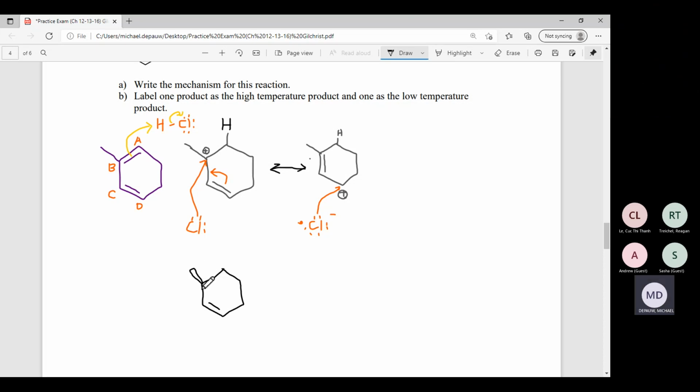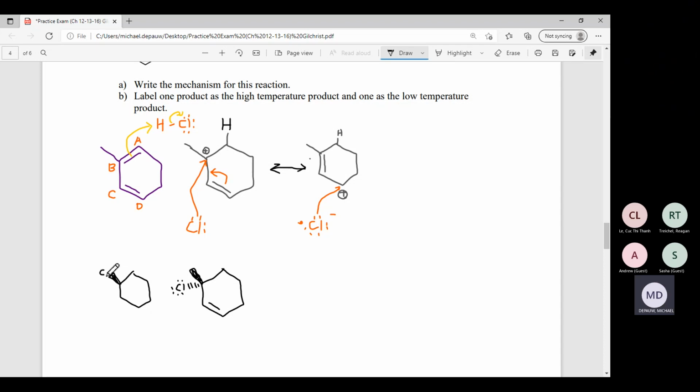Now, you actually get these products because that chlorine can either attack from the top or the bottom, and the two sides of this molecule are not identical. So that's why I say you actually get 4 major products. Here's your one product, and then you could also get this one, because this is going to be a chiral center.